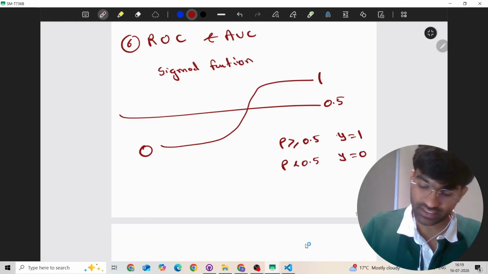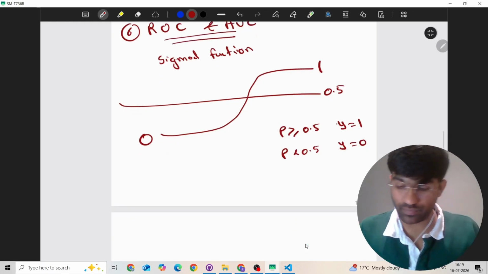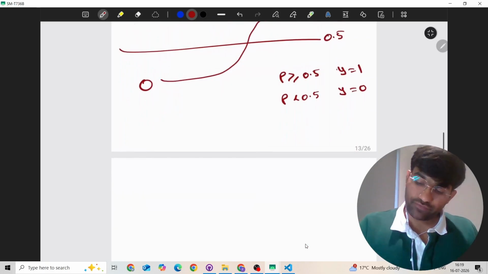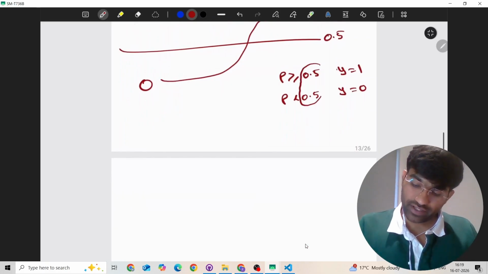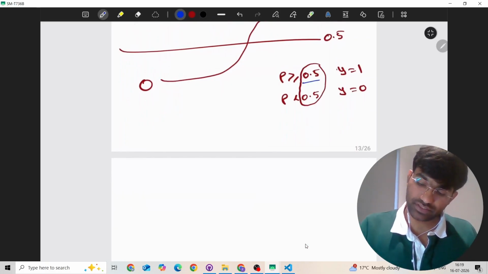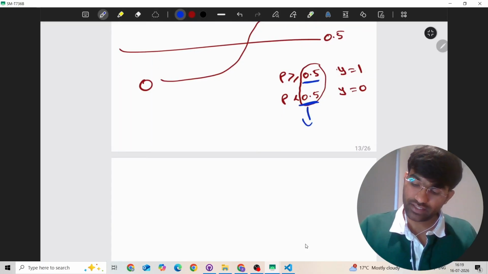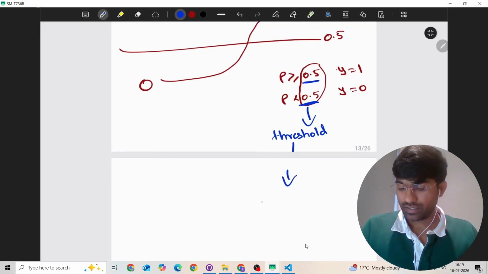Logistic regression makes predictions based on this probability. So what is 0.5 here? This 0.5 is the threshold based on which the machine is making predictions.